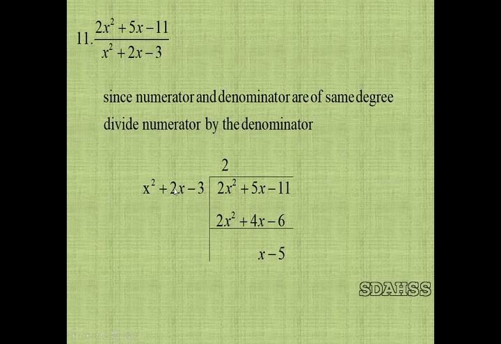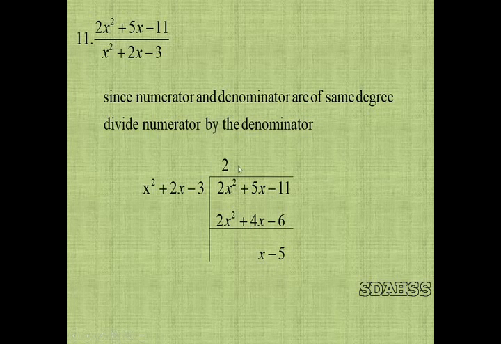So you have 2 into x square plus 2 into 2x, 4x, minus 3 into 2, minus 6. Change the symbol. This becomes negative, this is also negative, this is positive. So 2x square minus 2x square cancel. 5x minus 4x, x. Minus 11 plus 6, minus 5.